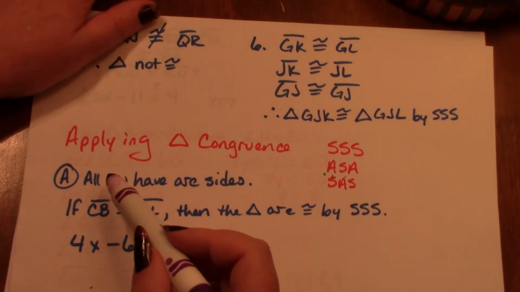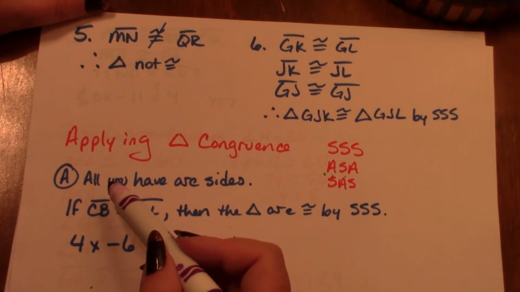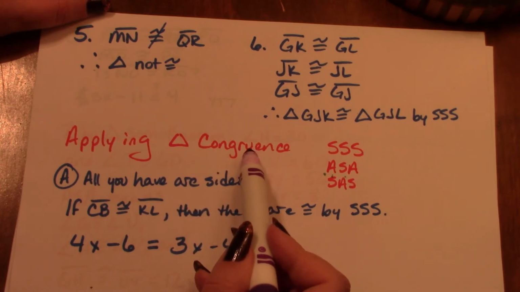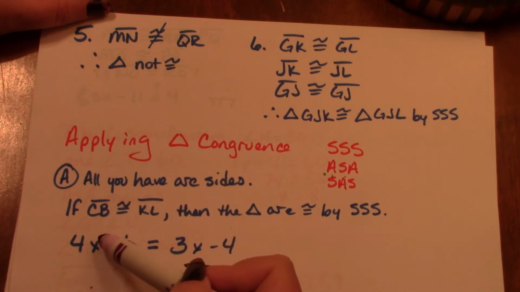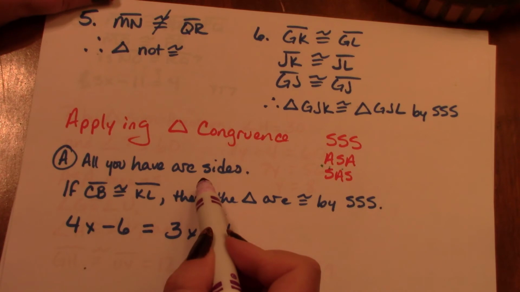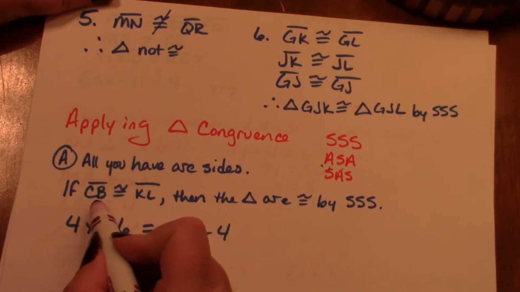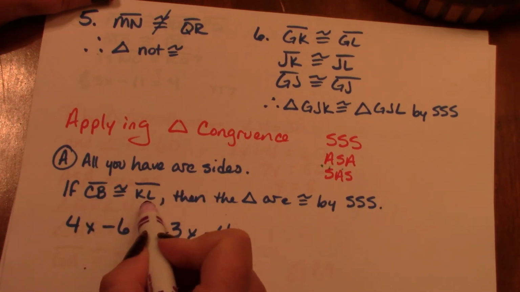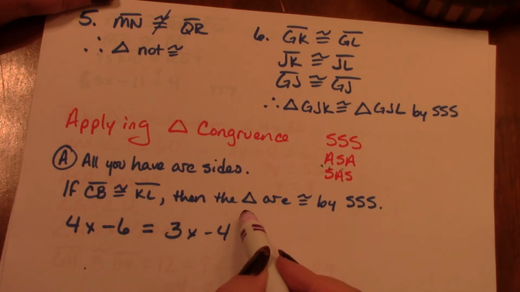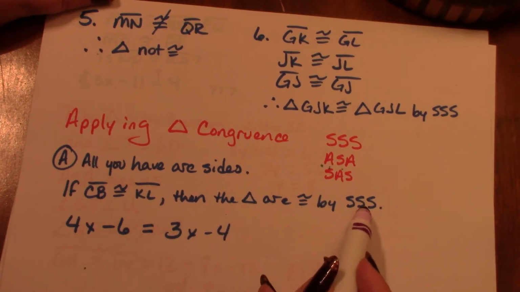So I'm on Explain 3, Applying Triangle Congruence. Example 3. We want to find the value of x for which you can show the triangles are congruent. So if all you have are the sides, and you know that line CB is congruent to line KL, then the triangles are congruent by side, side, side.